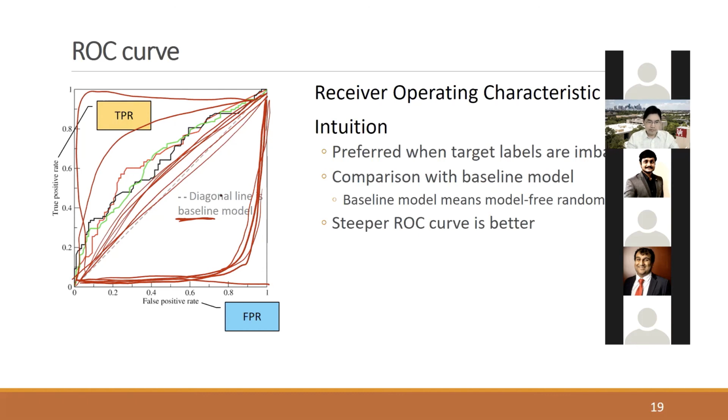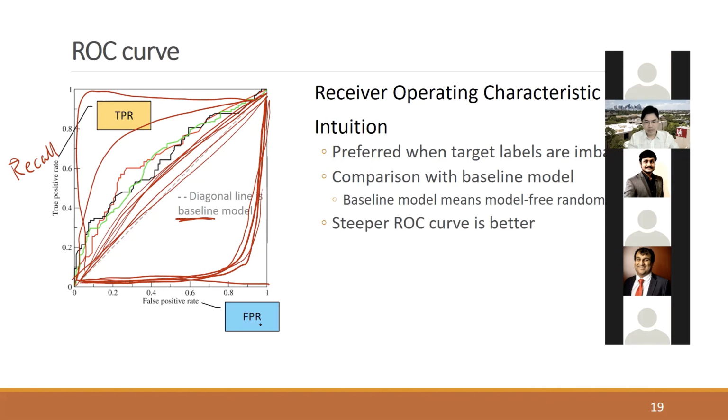ROC curve, the two axes here: the y-axis is the true positive rate, which is recall, TPR, it's over there, or recall. And the x-axis is the false positive rate.